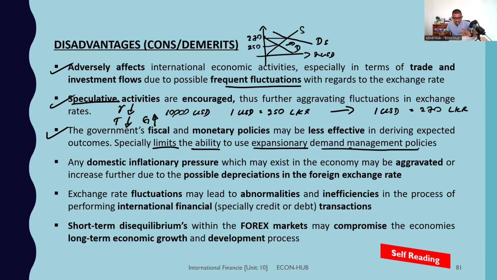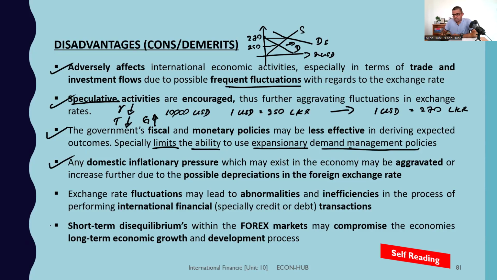If inflation is slightly out of control, slightly more than the target level, it will show in the exchange rate. The exchange rate will depreciate. So there's a big impact coming through the inflation rate to the exchange rate, because it's a flexible system and demand and supply are very sensitive.